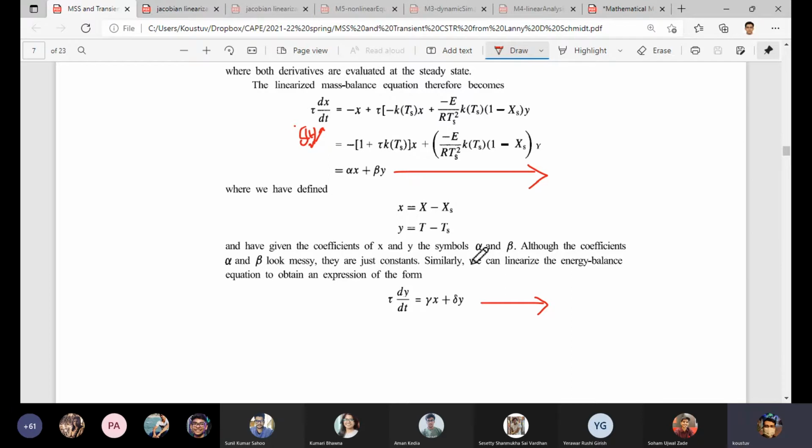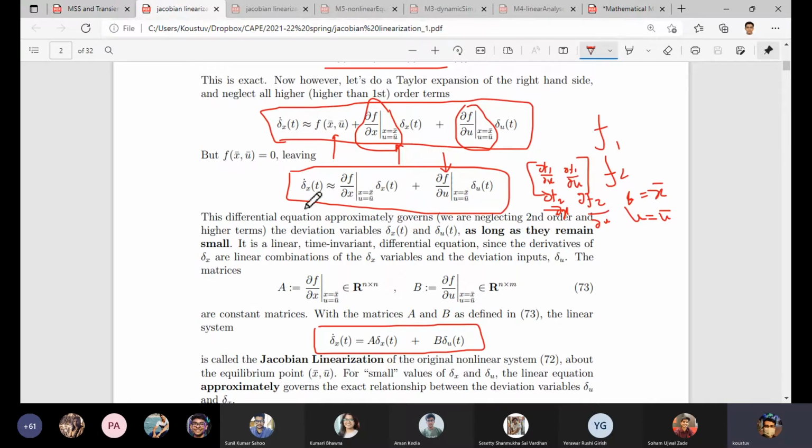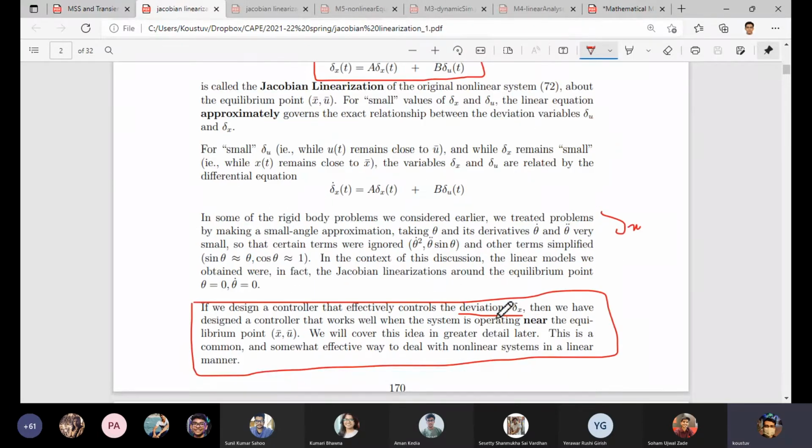One is that we want to see whether it is a stable steady state or an unstable steady state. If we want to carry out our system operations at an unstable steady state point, then the design of the controller is very important, and it takes the value of those deviation variables. The controller has to know how the deviations, the delta x, grow with respect to time.